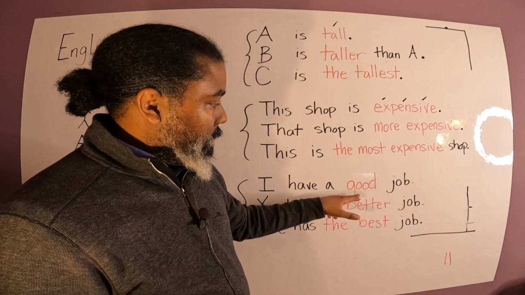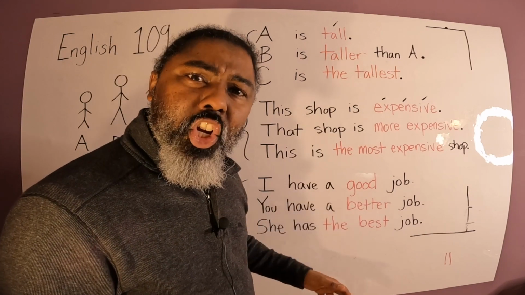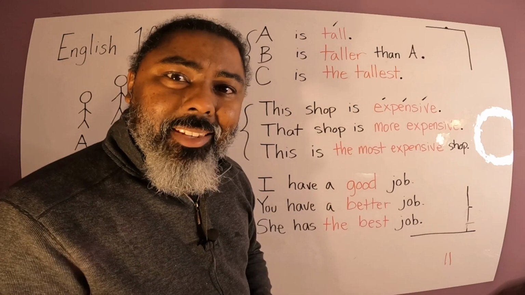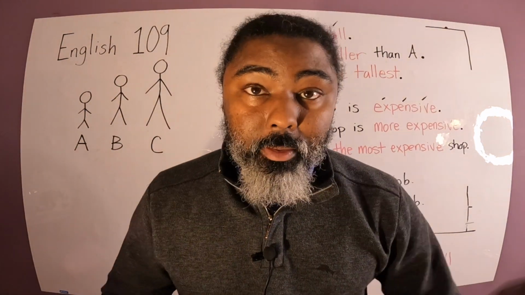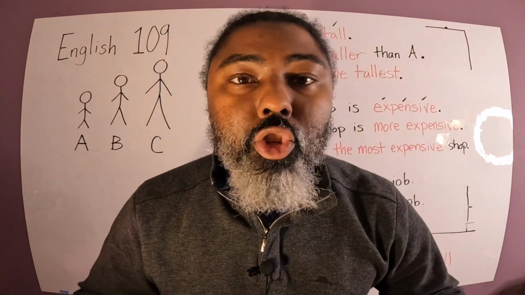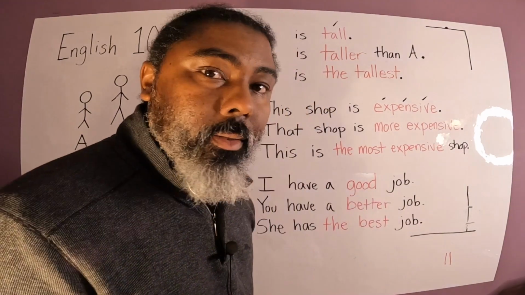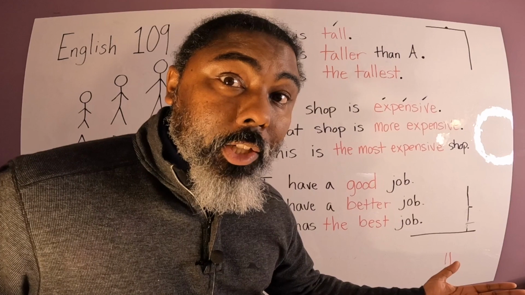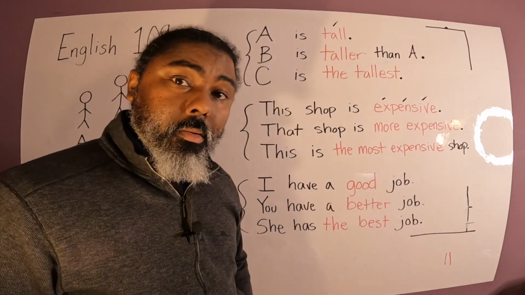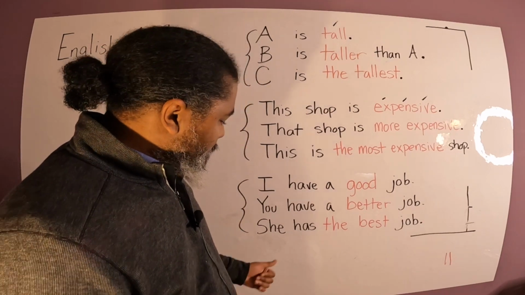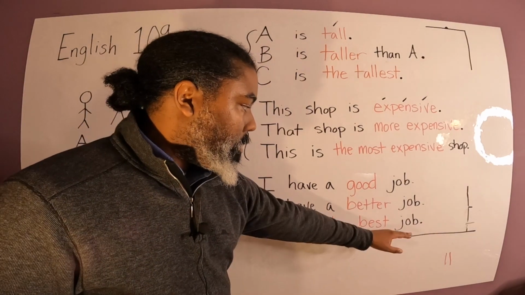Whoa. The base adjective is good. The comparative is better. How do they relate? Guys, they do not relate. These are two completely different words. It's just one of those things about the English language you have to get used to. And then the superlative, she has the best job.